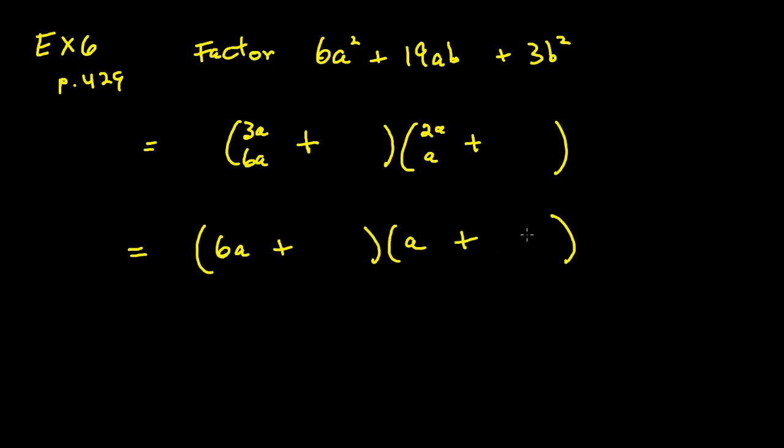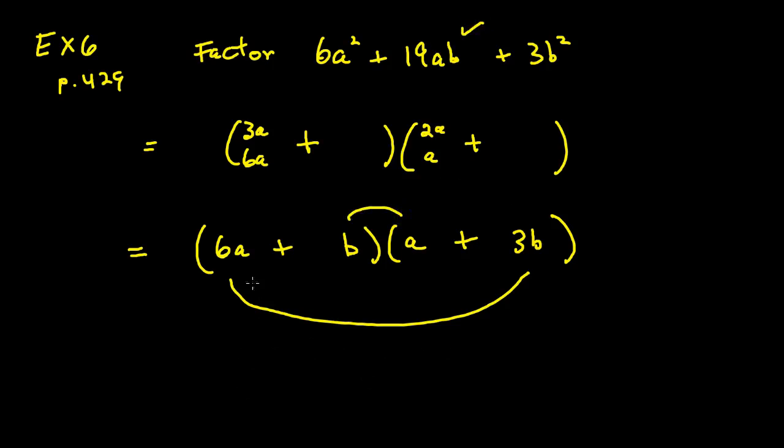If I put a 3b here, the outer product will be 18ab. If I put a 1b, or just b here, the inner product will be ab, or 1ab, and that indeed ensures the inner and outer sum will add up to 19ab.